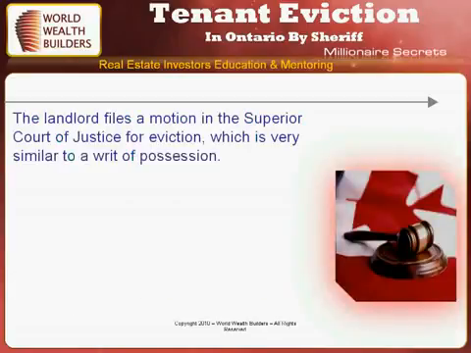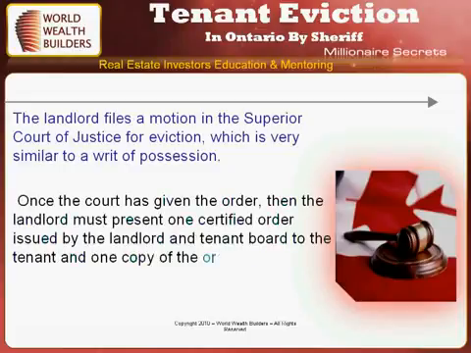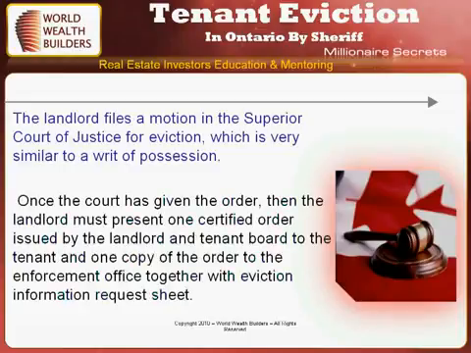Now the landlord or the real estate investor files a motion in the Superior Court of Justice for eviction, which is extremely similar to a writ of possession. Once the court has given the order, the landlord must present one certified order issued by the Landlord and Tenant Board to the tenant and one copy to the enforcement officer or the sheriff's office, together with the eviction information request sheet.